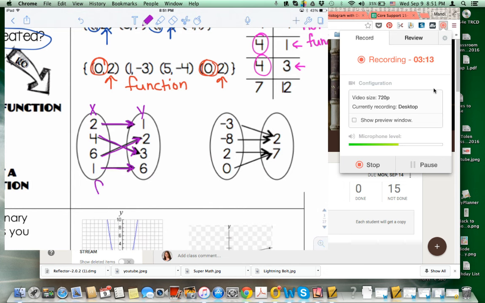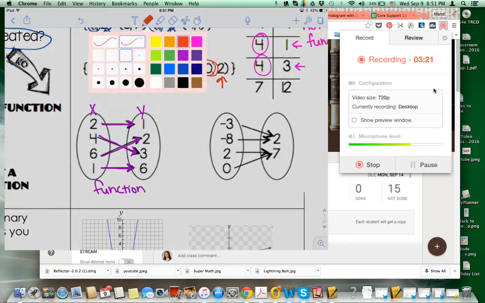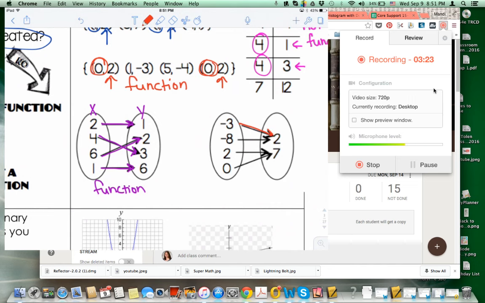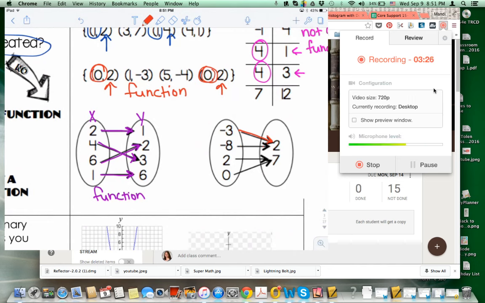So this is a function. Doesn't matter what the y is unless it's repeated on the x, and then we have to check. So the same thing here. -3 has one output, -8 has one output, 2 has an output, and 7 has an output. So this is a function.